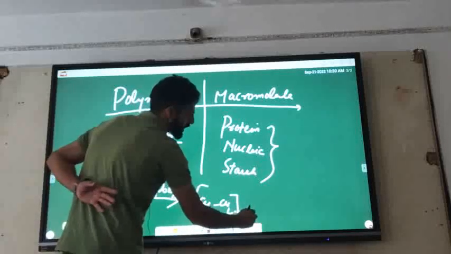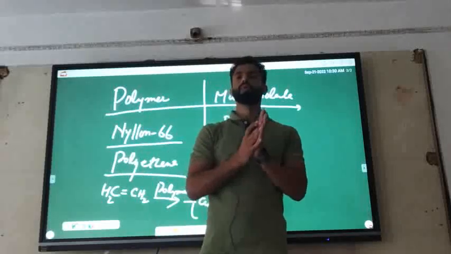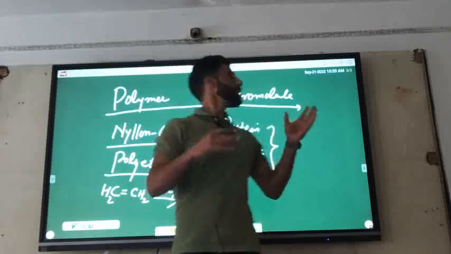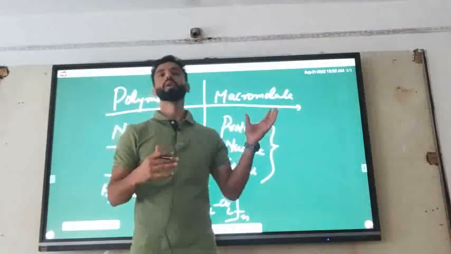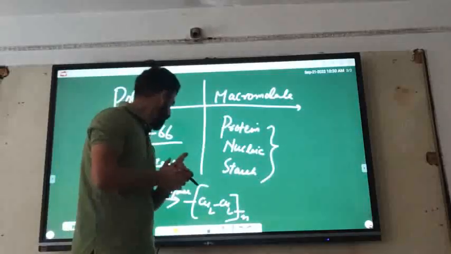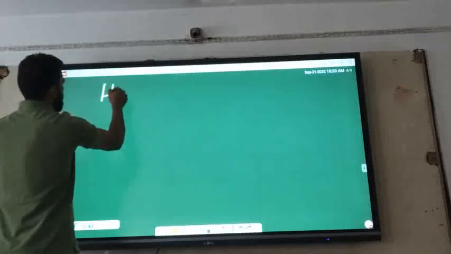So there is a vast difference between a polymer and a macromolecule. We can say that a polymer is also a macromolecule, but a macromolecule can never be a polymer.